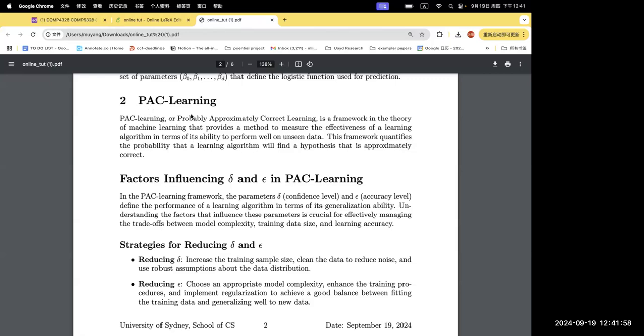PAC learning stands for probably approximately correct learning. The reason we have this degree of freedom in our statements, such as probably and approximately, is because the data generation process in reality could be random. There are no deterministic rules for the generation of the data in reality.